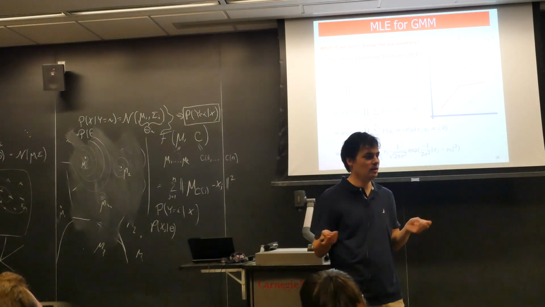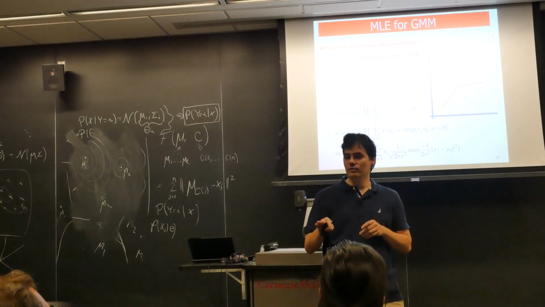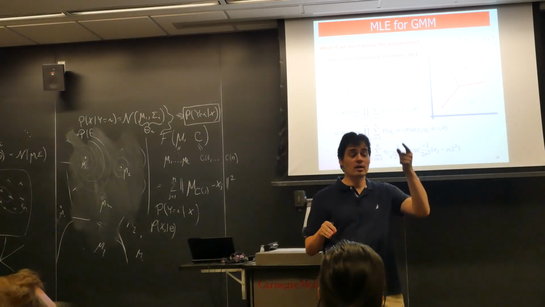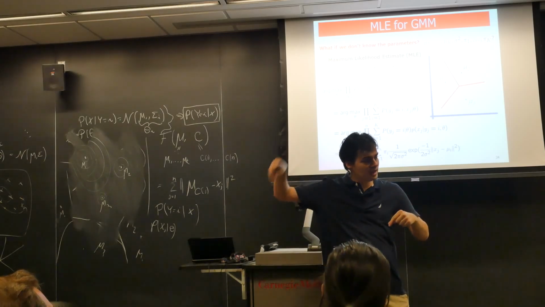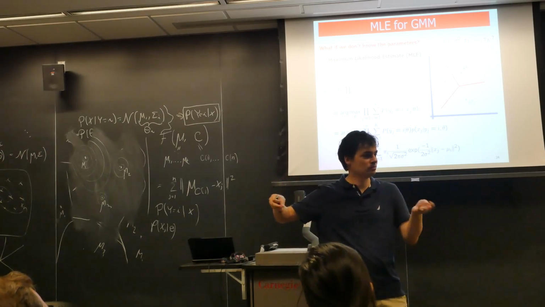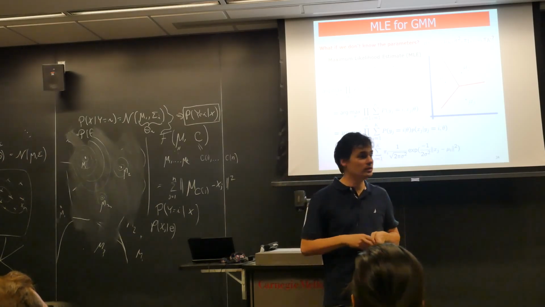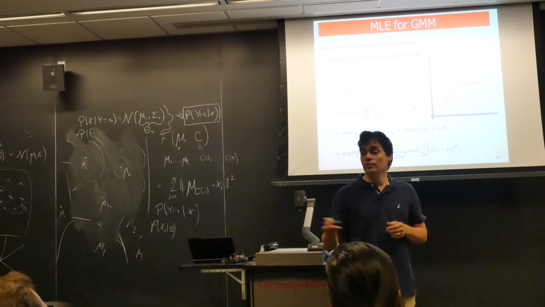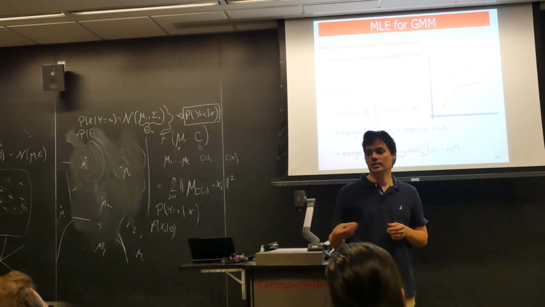So that's one way. But an even better way would be to calculate the derivative and solve when that derivative is 0, right? Because we want to find, say, a local optimum point. The issue is that if you do that, you cannot solve that equation.